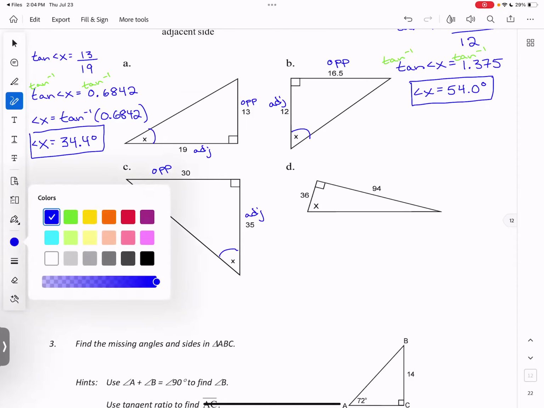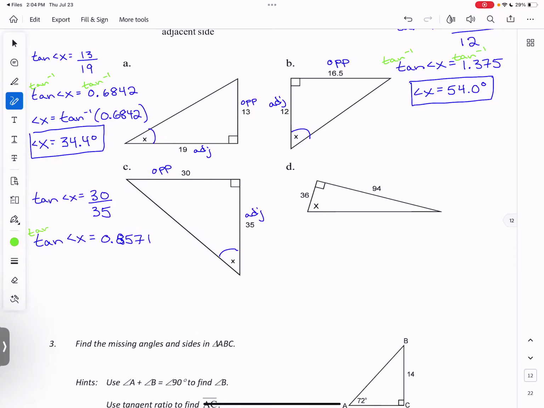So I'm going to take the tan inverse of both sides. So I get angle x is the tan inverse of that ratio. And so I'll do tan inverse of the answer, and rounded to 1 decimal place, I get 40.6 degrees.